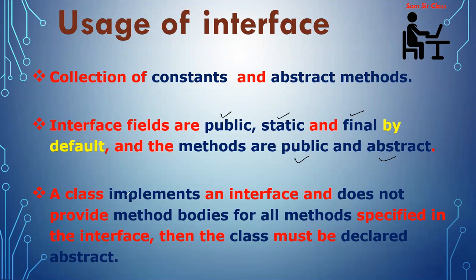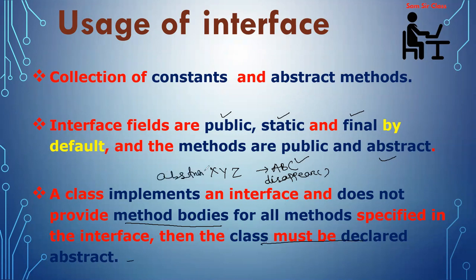So if a class implements an interface and doesn't provide the method, like the last example where the XYZ class implements the ABC interface but is unable to provide the body for the method, then the class must be declared as abstract. We have declared XYZ1 as abstract.